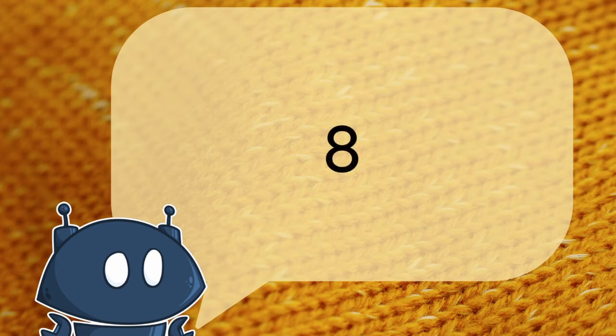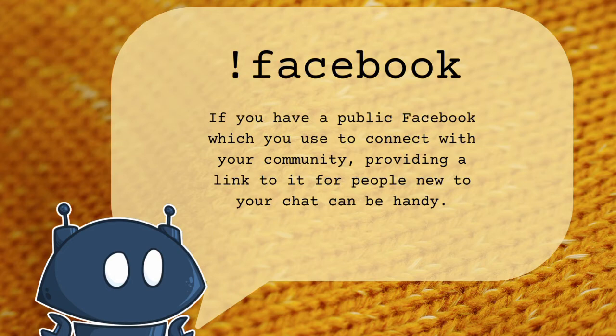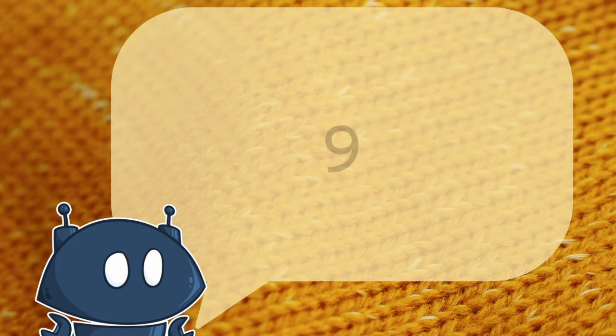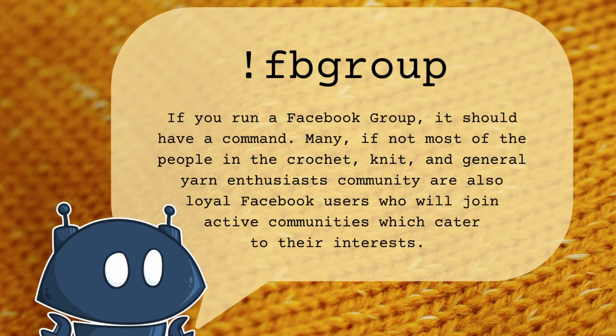If you have a public-facing Facebook that you want people to have access to, there is no reason Nightbot shouldn't have a command so that people can access it right away. Number 9. This is absolutely also true of your Facebook group. If you have a Facebook group related to your craft and your interest, you should link it with Nightbot.